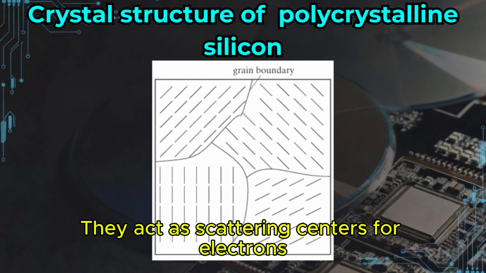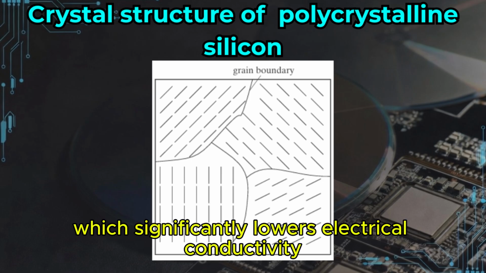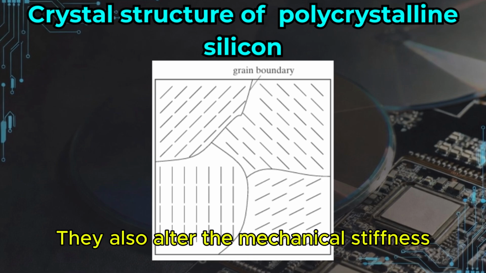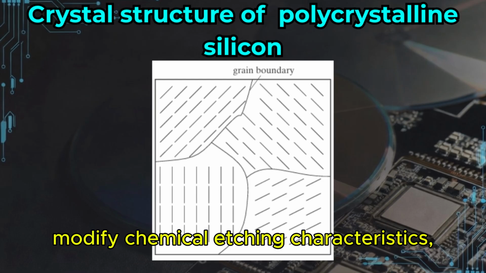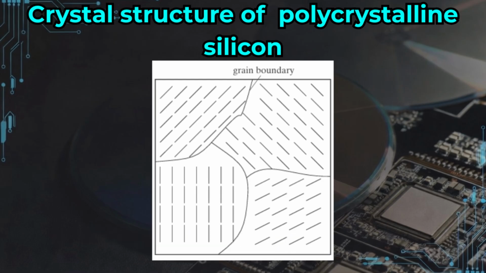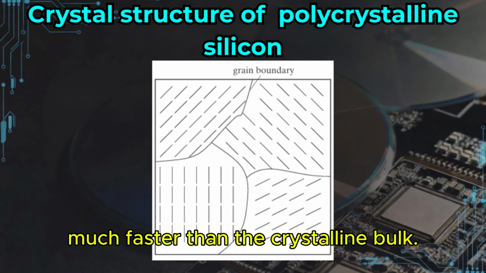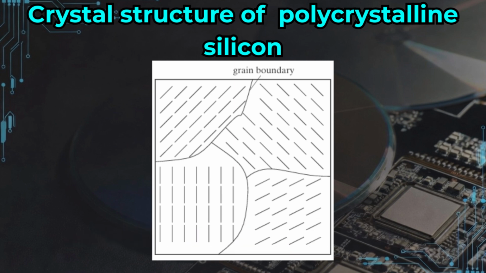They act as scattering centers for electrons, which significantly lowers electrical conductivity compared to single crystal silicon. They also alter the mechanical stiffness and drastically modify chemical etching characteristics, as etchants often attack grain boundaries much faster than the crystalline bulk.